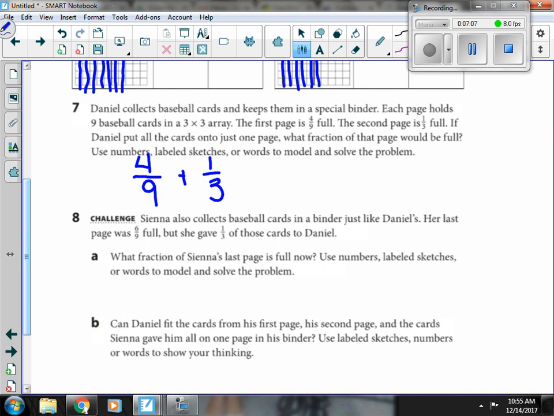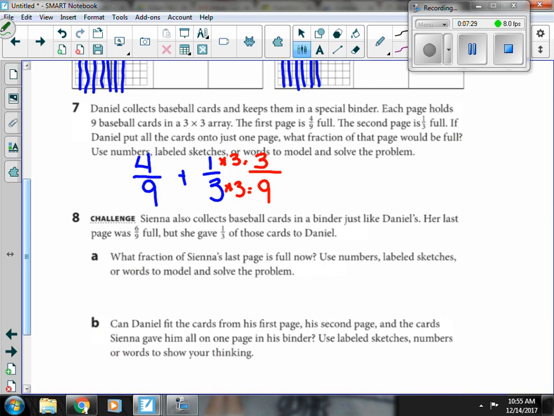And I can't add those the way they are because the denominators don't match. But I do know that if I multiply 3 times 3, I'm going to get to 9. So I'm going to do the same with the top to find that equivalent fraction. 1 times 3 is 3. So I know that 1/3 is the same as 3/9.